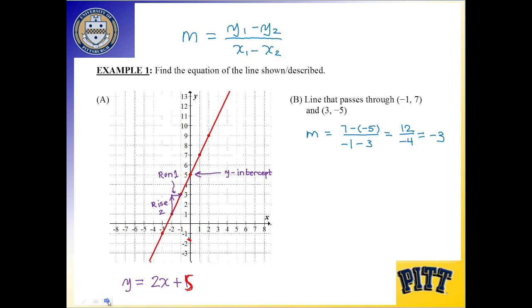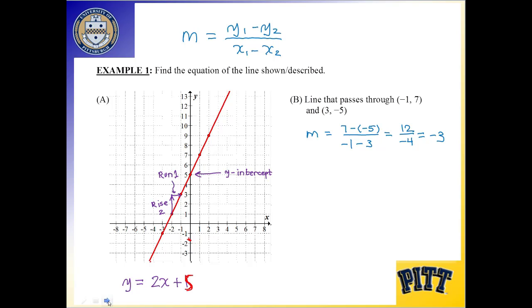That's not right, because 7 is not part of a y-intercept, and -5 is not either, because their x-coordinates are not 0. So I have to figure out a way of calculating the y-intercept, because it wasn't given to us.